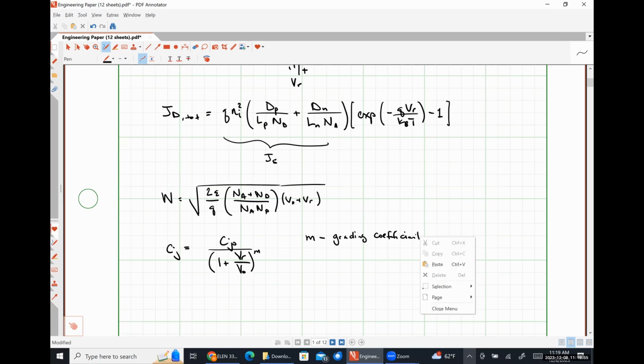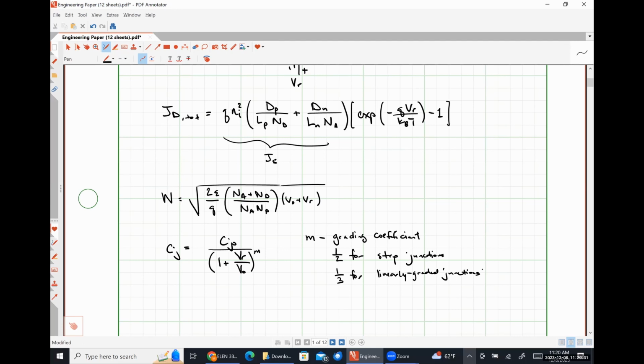It is equal to 1/2 for what are called step junctions, which is what we've been dealing with, where our carrier concentrations have an abrupt shift, and it's 1/3 for linearly graded junctions, meaning that our carrier concentrations change linearly across the crystal.